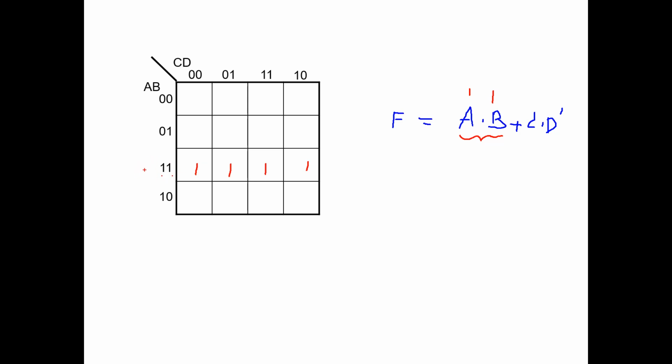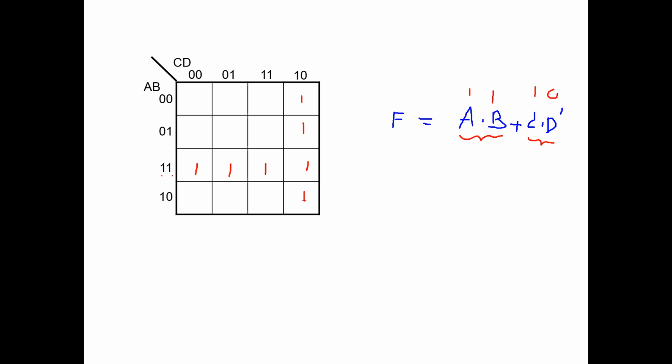Now, or C, D prime. This term will be 1 when C is 1, D is 0. Which cell? 1, 1, 1, right?